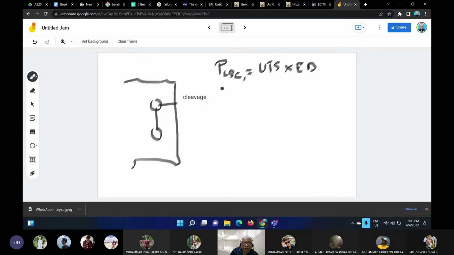Load for cleavage 2 uses the ultimate tensile strength times the pitch distance. So here is to calculate this failure and this one to calculate this failure.